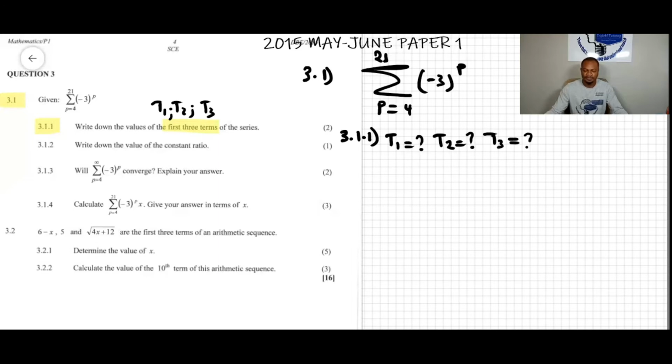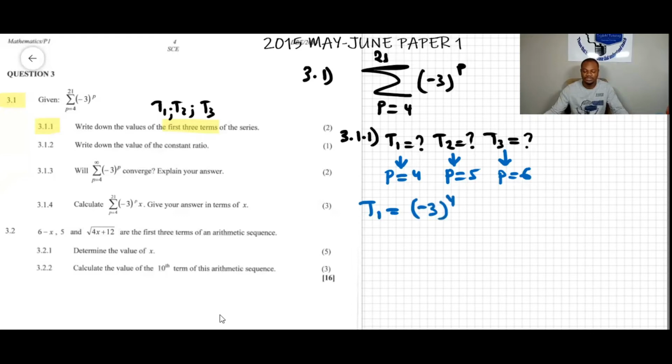Now, because the sum starts from 4 to 21, this implies that T1 is when p equals 4, T2 is when p equals 5, and T3 is when p equals 6.